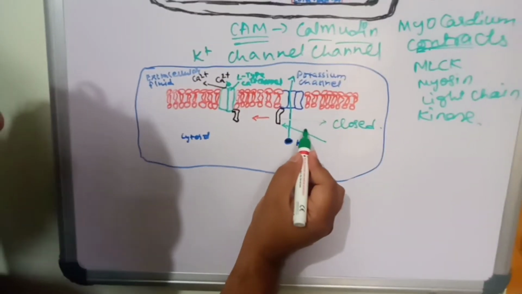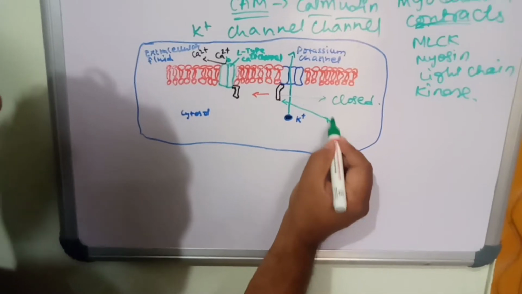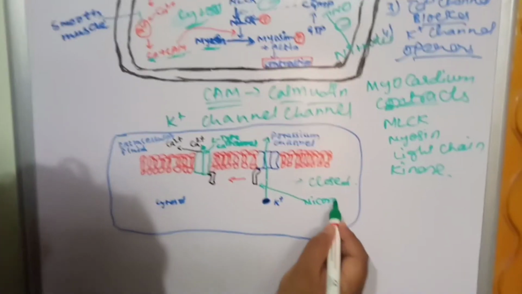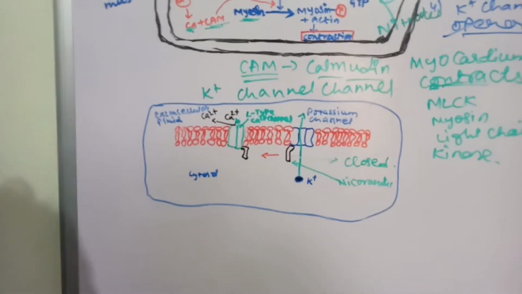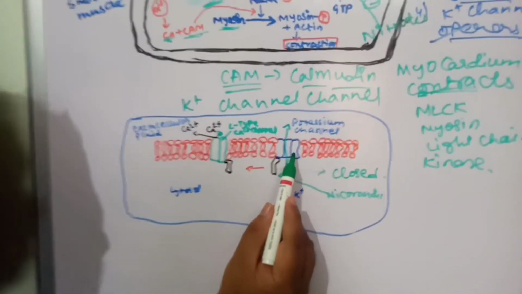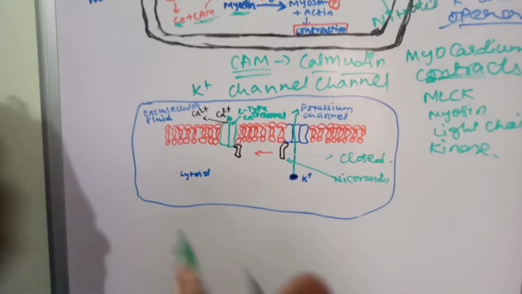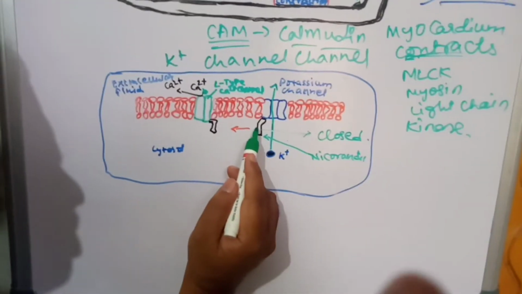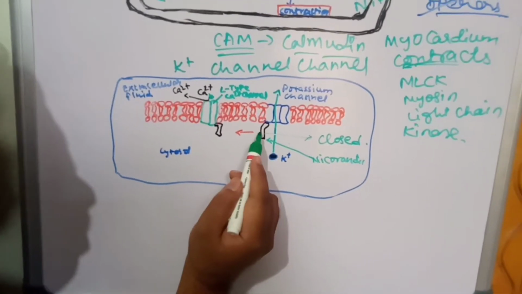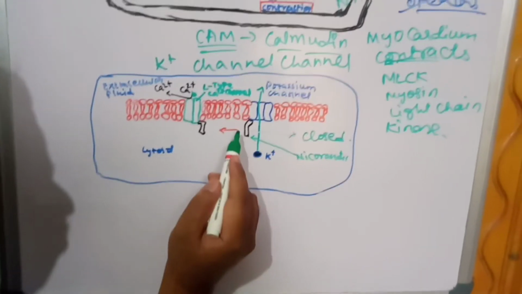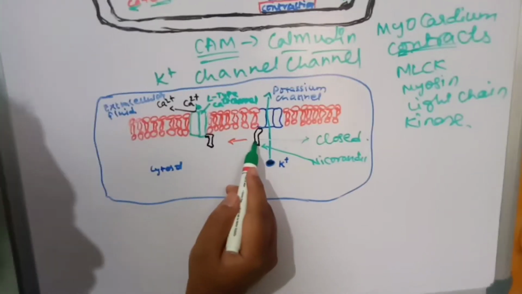Nicorandil opens the potassium channel gate, which is closed with the lock. That's why it is a potassium channel opener.